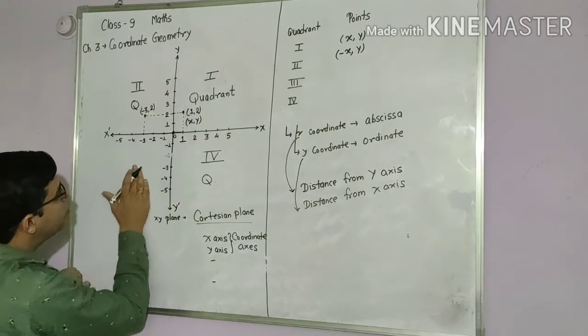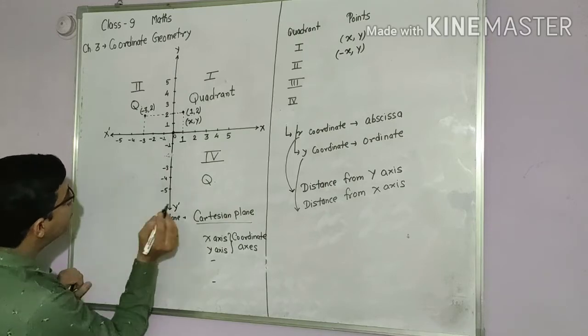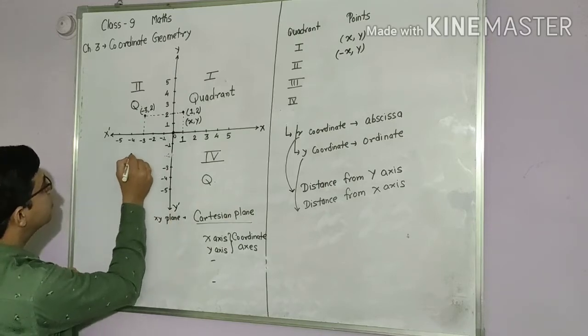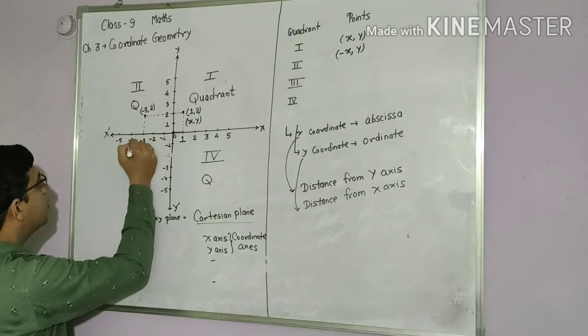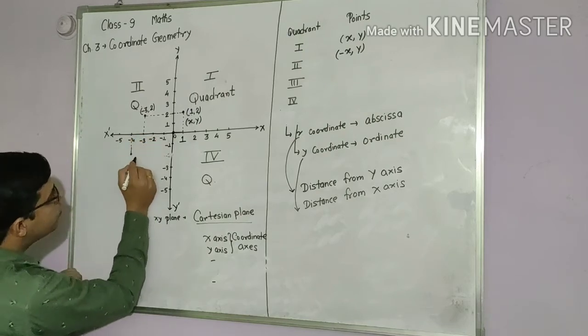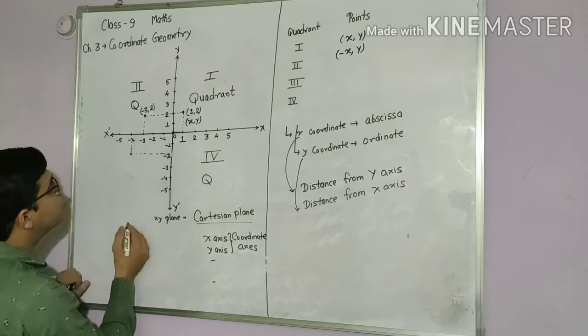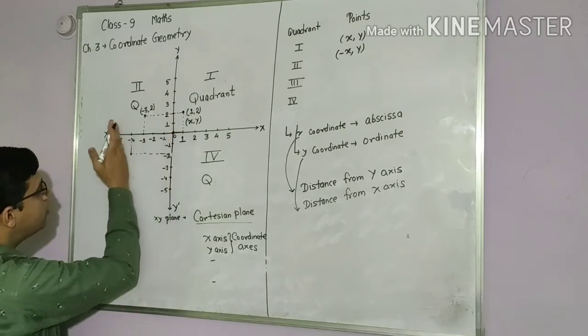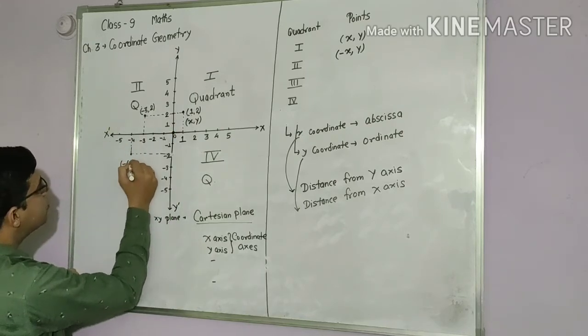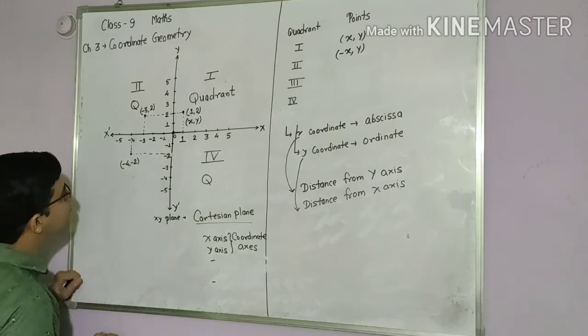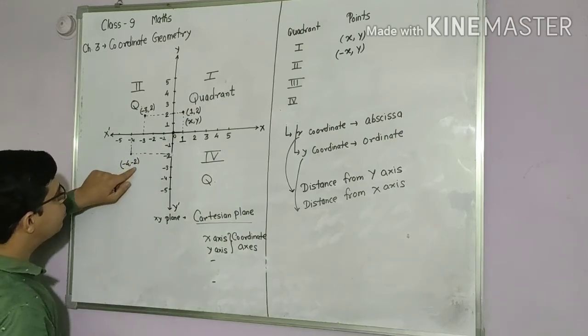Next, in third quadrant, suppose I am taking this point, then this is -4 and this is -2. So our point will be (-4, -2). This is also negative, this is also negative.